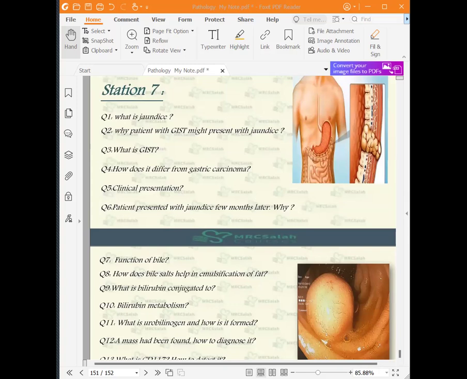The patient presented with jaundice a few months later. Why? Biliary obstruction from tumor compression, metastasis to the liver, or use of imatinib in treatment.